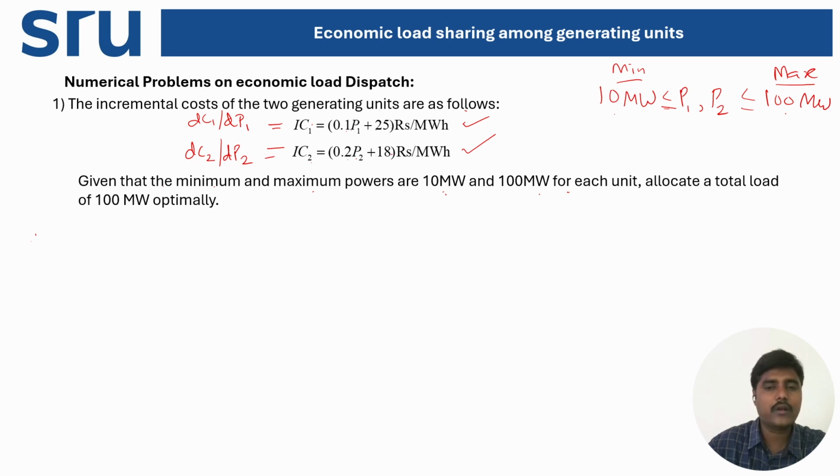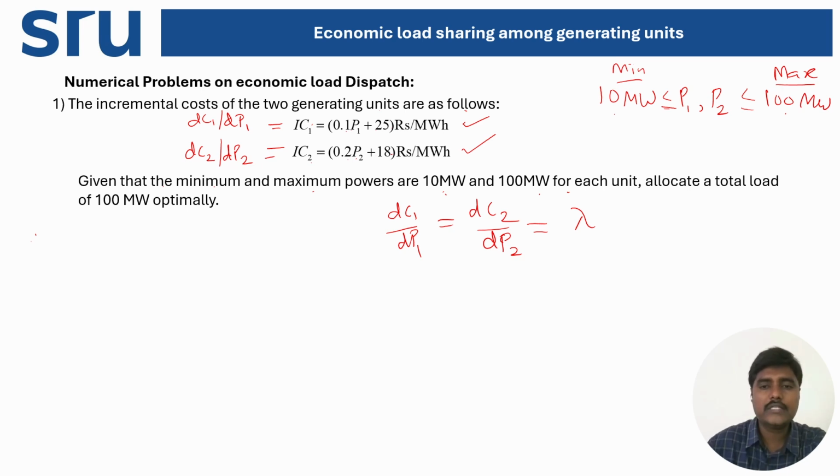So the condition for optimum allocation without considering losses is the incremental fuel cost of the 2 units should be the same. That means dC1 by dP1 should be equal to dC2 by dP2, and that should be equal to lambda.